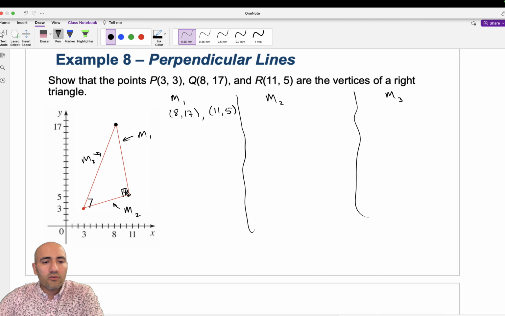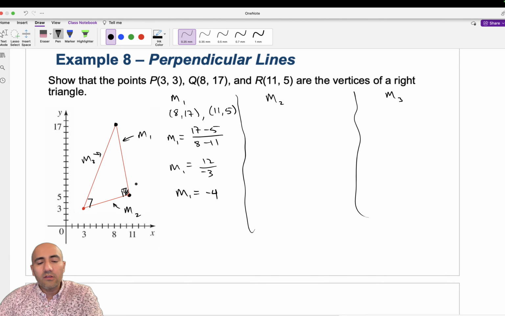So m sub 1 is equal to (17 minus 5) over (8 minus 11), which is 12 divided by -3, so m sub 1 is equal to -4. The sign makes sense because the little stick person would be walking downhill.